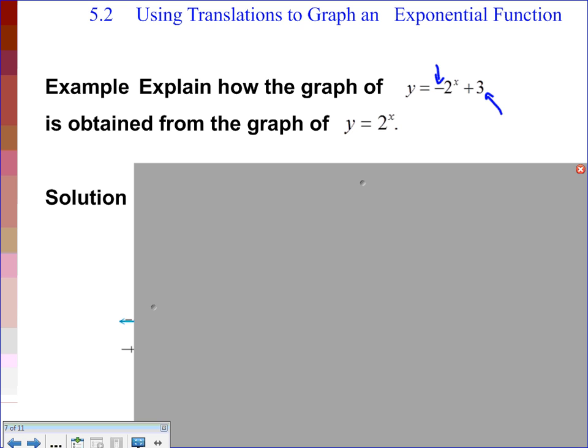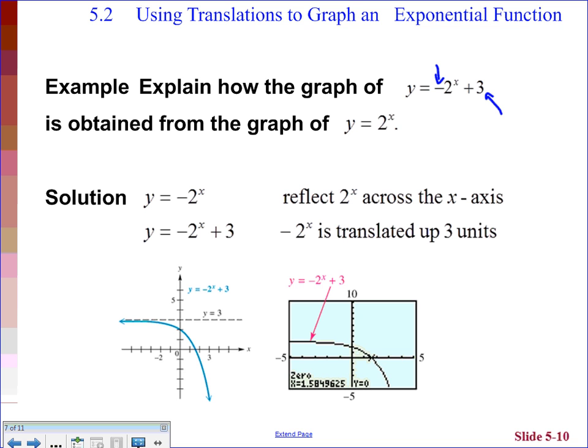The plus 3, what does that do? That jumps the graph up 3 places each time. Okay, so this negative is a reflection across the x-axis. So normally the graph would be increasing, going up like that.